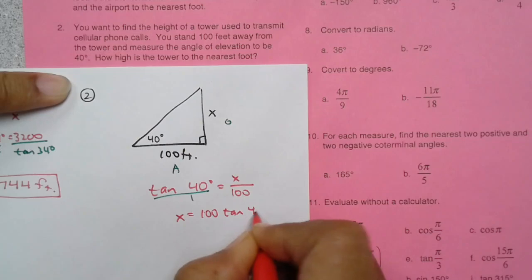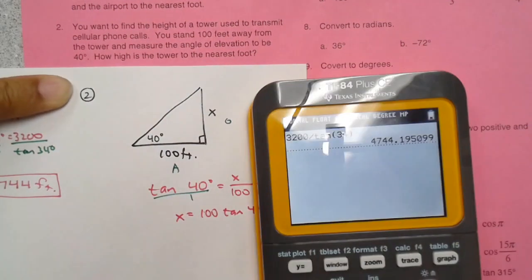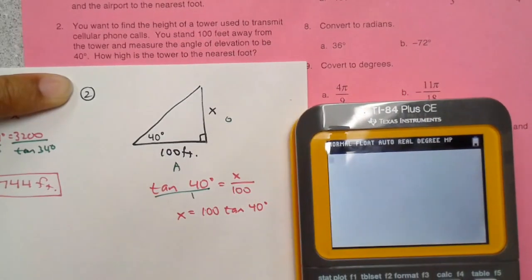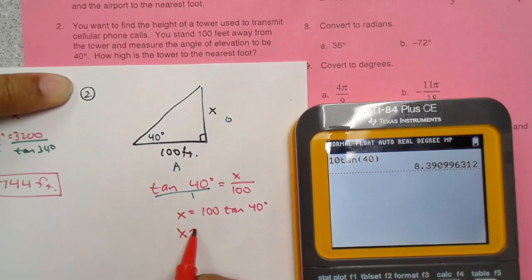So when you plug it in, again, make sure you're in degree mode. So we're going to plug that in. And we have 100 tangent of 40 degrees. And this is going to be rounding again to the nearest foot.